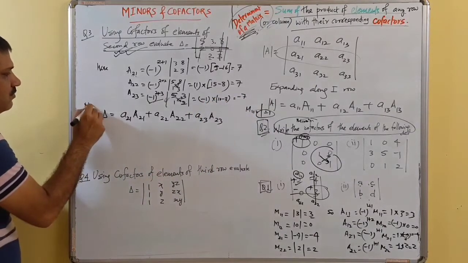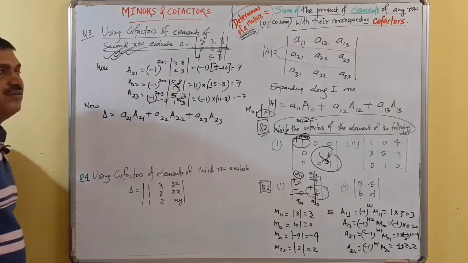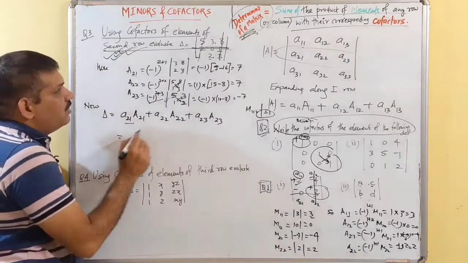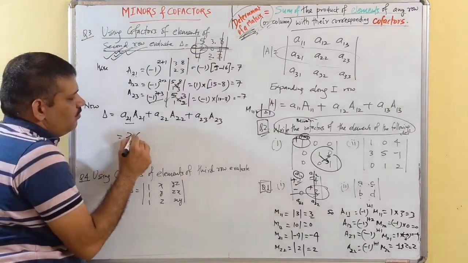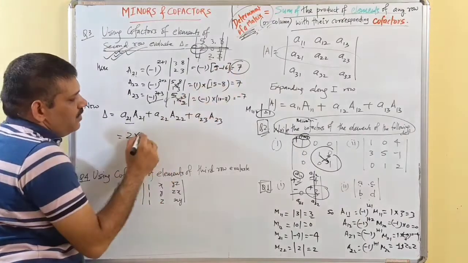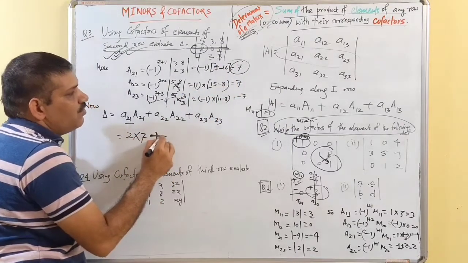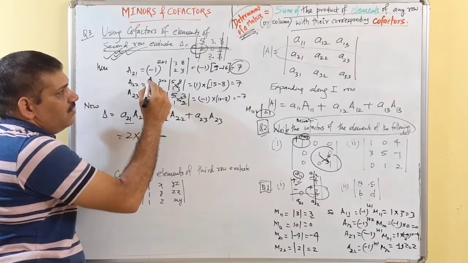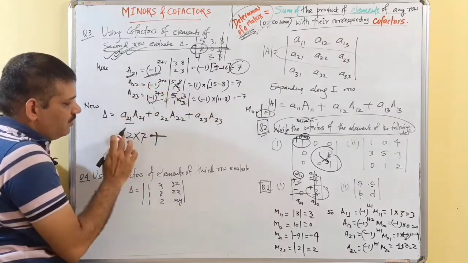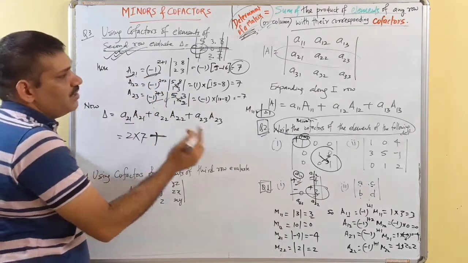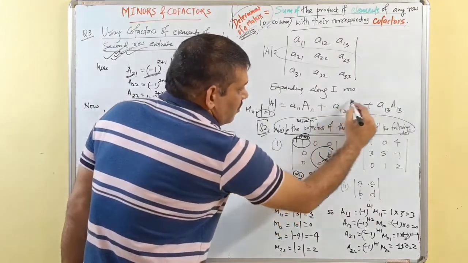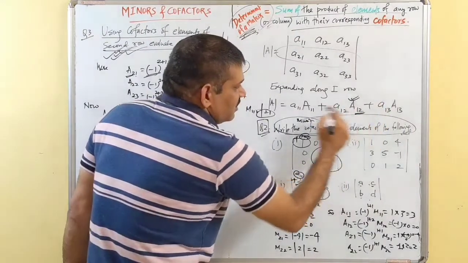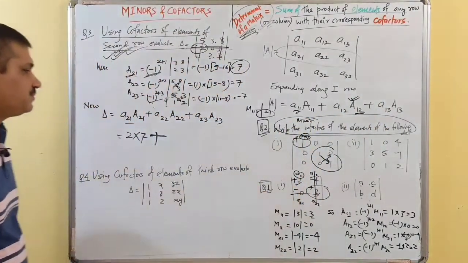Now if I use the second row, the element a21, this element 2 multiplied by its corresponding cofactor 7, plus. We haven't put minus here because in cofactors minus is already included, minus 1 raised to i plus j.